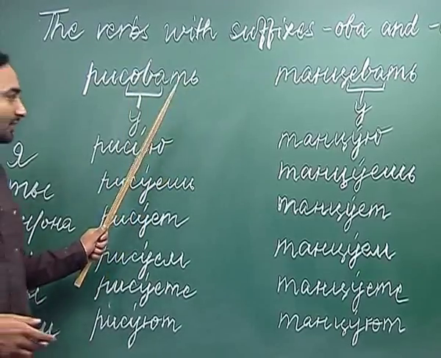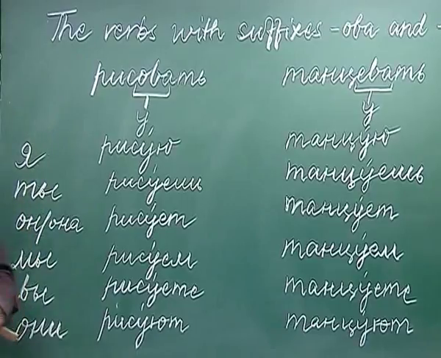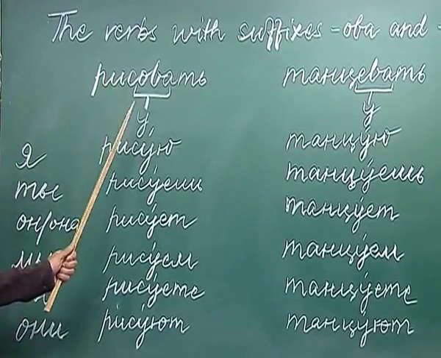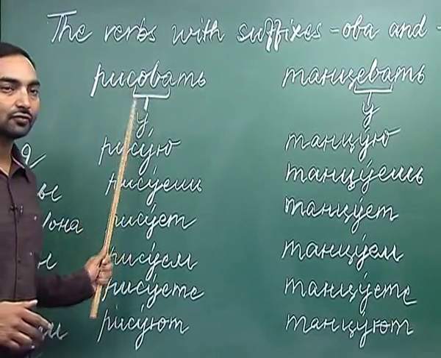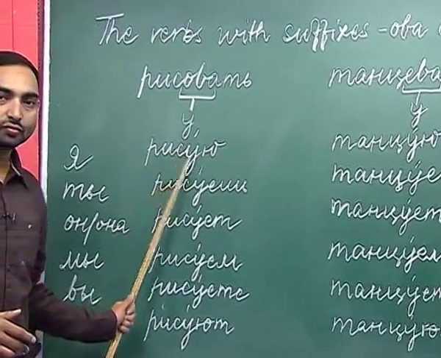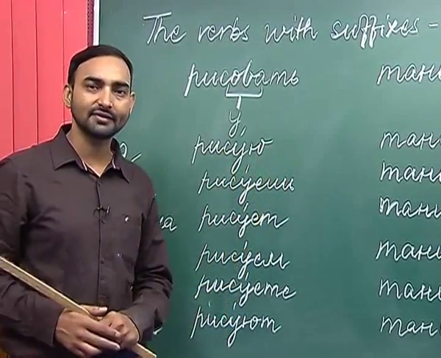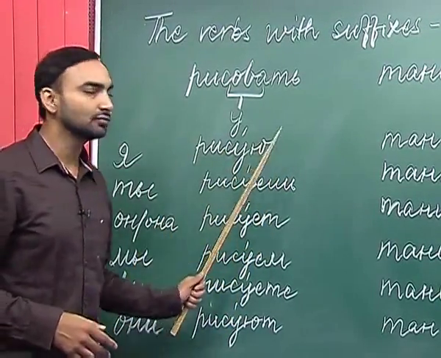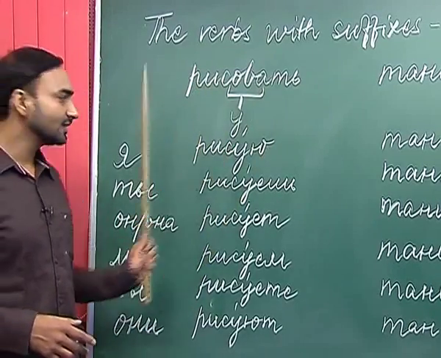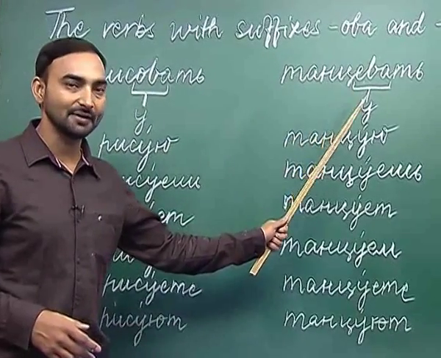Let us find out how we conjugate these verbs. Рисовать. If you replace -ова with у, what remains? Рис and у: рису, and then you add ю, as we have done with читать. Рисую. Рисовать, я рисую. Танцевать, again you do the same thing.